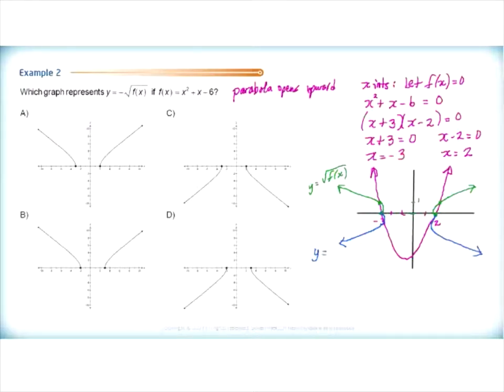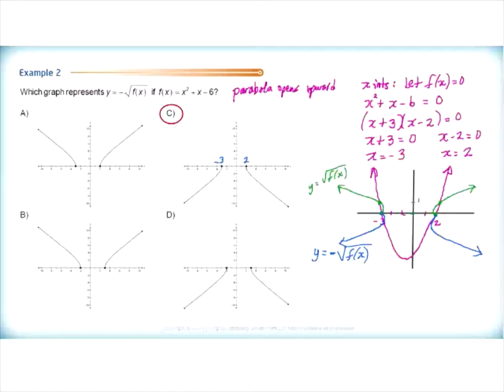So that will be y equals minus the square root of f of x. So that graph then corresponds with, I'm looking for x-intercepts at negative 3 and positive 2. So the answer for this question corresponds with C as the multiple choice answer.